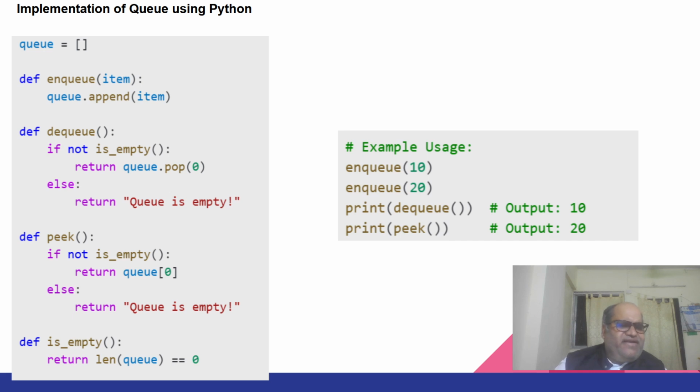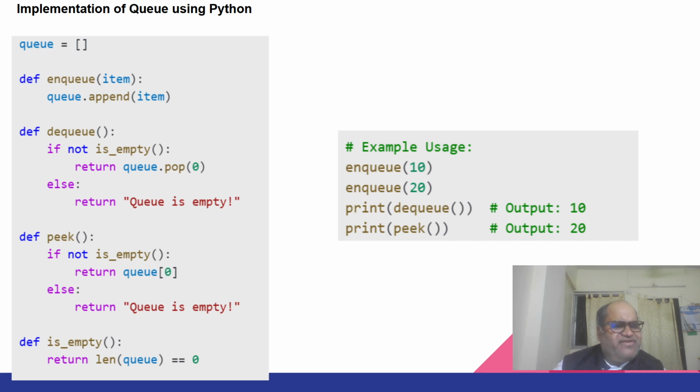From an implementation perspective, again, this is a very simple implementation around a list. When we are dequeuing, what we are doing is always removing the item from the 0th index, so if you see, we are saying queue.pop.